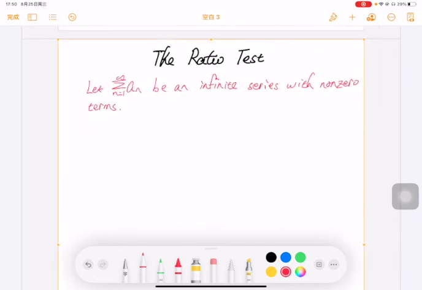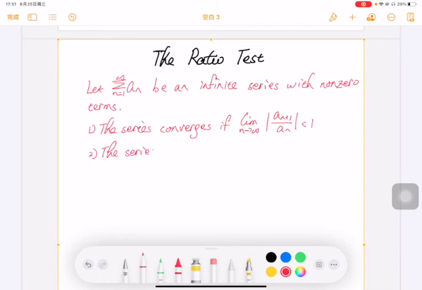Then the series converges if the limit as n goes to infinity of the absolute value of a_(n+1) divided by a_n is smaller than 1, and the series diverges if this limit has absolute value larger than 1.